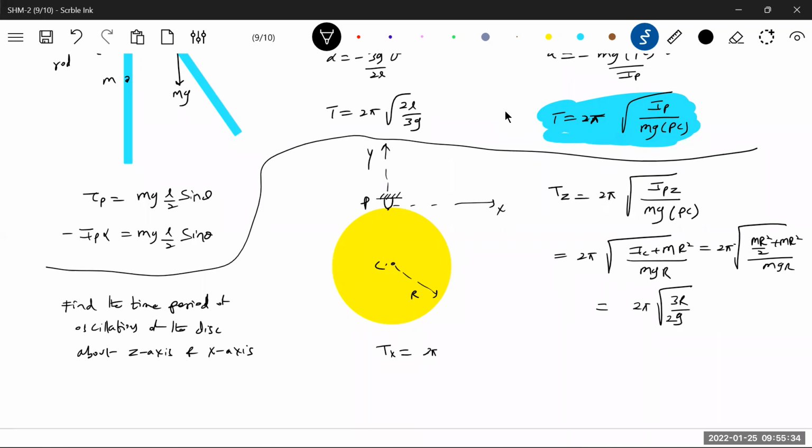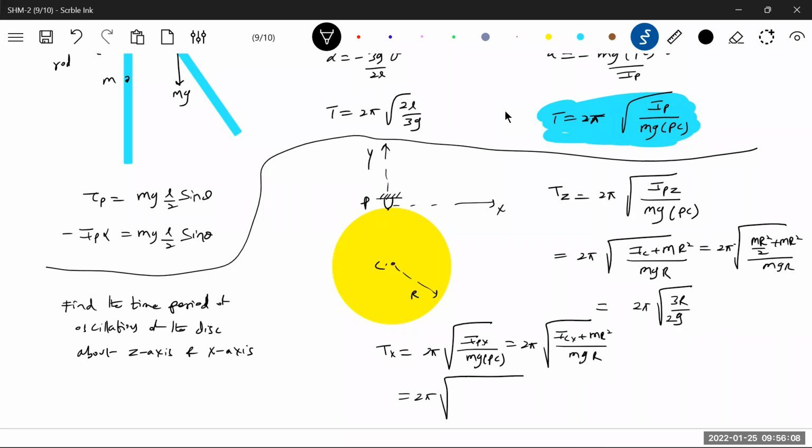The time period about the x-axis should be equal to 2 pi root of the moment of inertia of the disk about the x-axis, about any diameter, Icx plus mr squared, over mg into r.